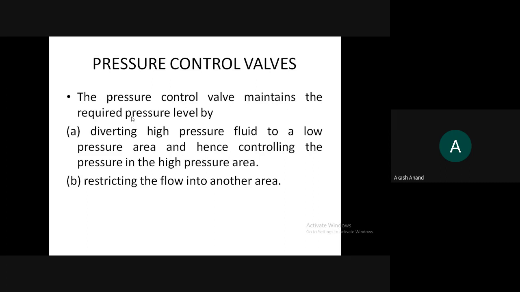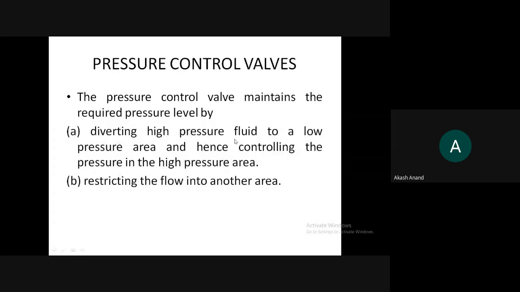So the pressure control valve maintains the required pressure level. How are they actually controlling the pressure? They do it in two ways. The first way is by diverting high pressure fluid to a low pressure area, and hence controlling the pressure in the high pressure area. Keep in mind these two points.